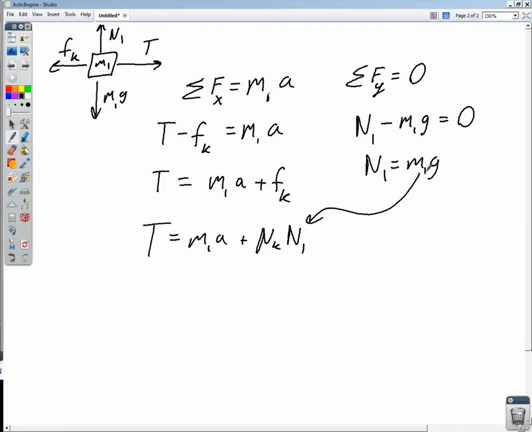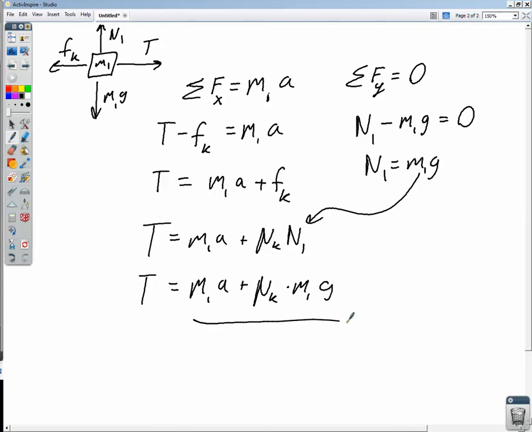For the normal force, we end up with the tension in the string is M1 times A plus the coefficient times M1G. M1 is 5 kilograms, A is 0.393, coefficient is 0.3, M1 again is 5 kilograms, and G is 9.8. So we know everything on the right-hand side. We can plug them in and solve for T. Piece of cake.